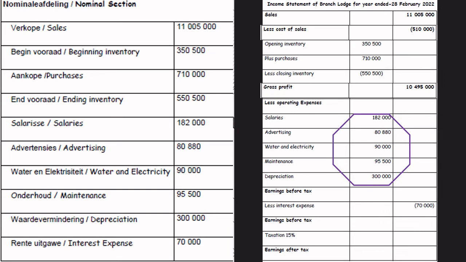We are going to add all of the operating expenses provided in our question's information to give us a total operating expenses. This we will be deducting from the gross profit. This will then give us earnings before tax.